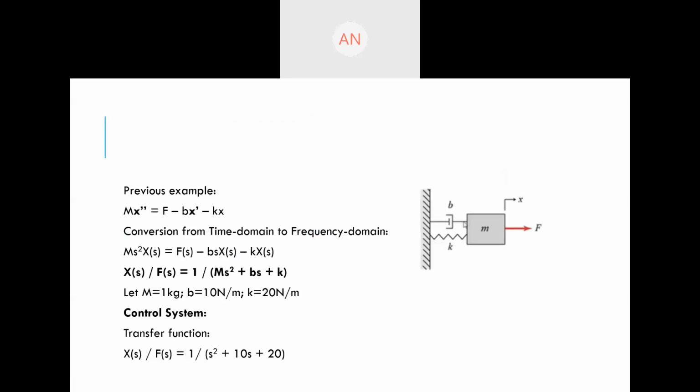So let's get to the equation. I have taken the previous example only. M x double dash equals F minus b x dash minus k x. Okay, this equation is in the time domain and we have to convert it into the frequency domain. It is done with the help of the Laplace function, right?